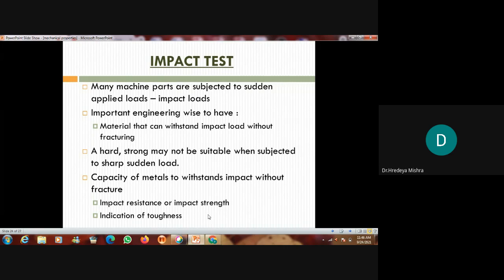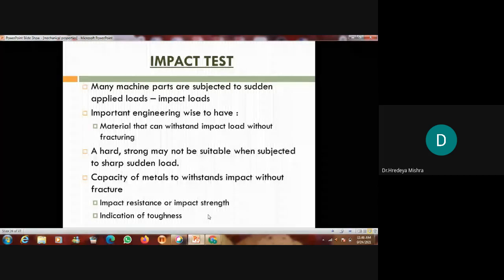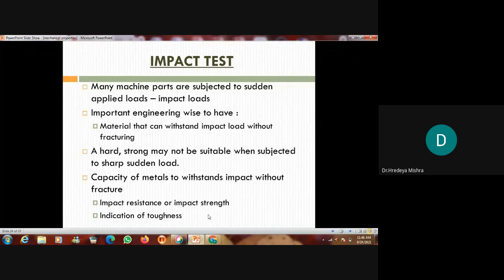But in the case of suddenly applied load, we just apply 30, 35 kg and maybe the person is not comfortable with that load and lies down. So that is the sudden load. Most materials that are strong in compressive and tensile strength may fail in impact testing.